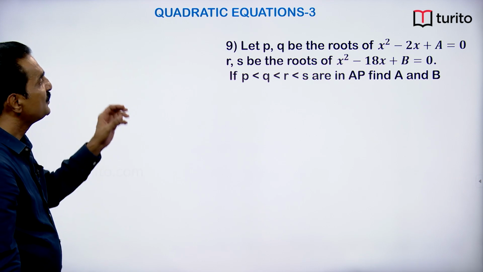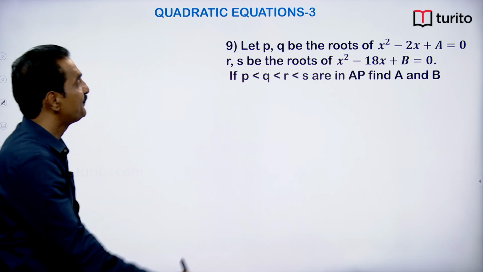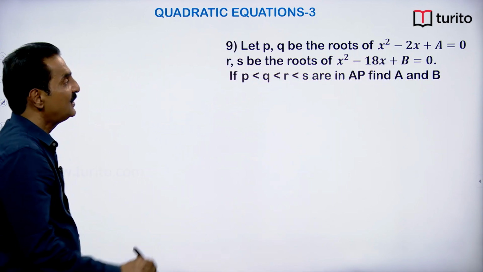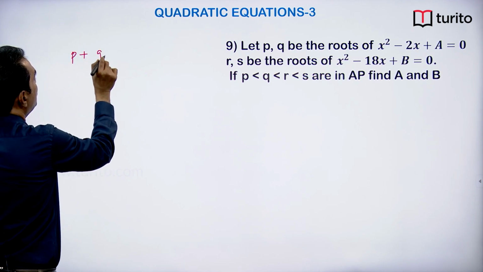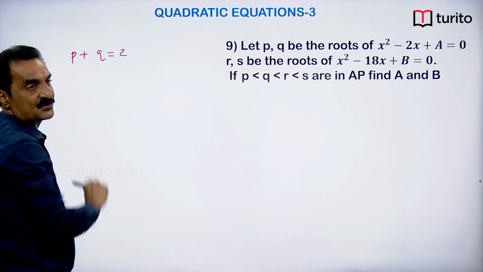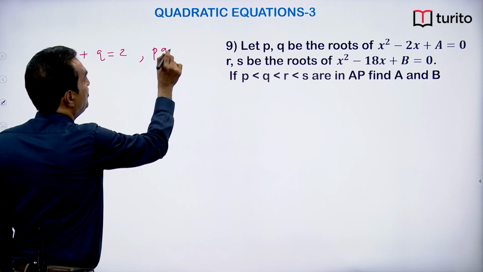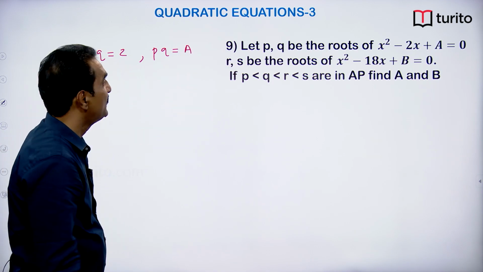So, first let us write immediately the sum of the roots and product of the roots. P and Q are the roots of the first equation. So, P plus Q is equal to what? 2, sum of the roots, and product of the roots PQ is equal to A for the first equation.